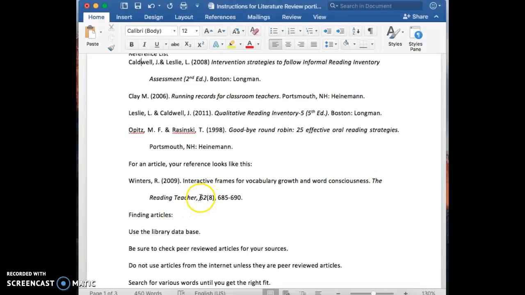The next thing is the volume number, and all of the title of the journal as well as the volume number gets italicized. In parentheses, we have the issue number, then a comma, and these are the page numbers, and you don't put any P or PG or anything, you just put the numbers. This article appeared on pages 685 to 690, and then you have another period, and it's indented.